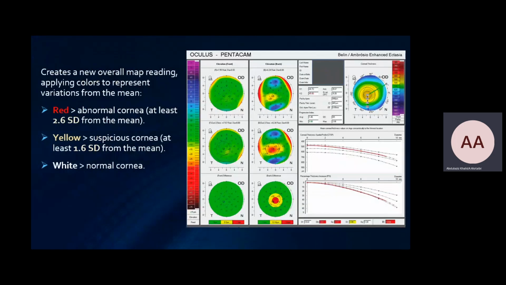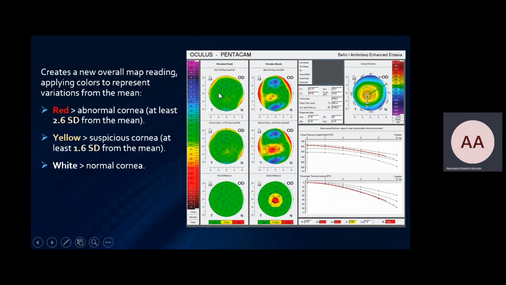Then it gathers all this information to create a new overall map reading, applying colors to represent variation from the mean. Red represents abnormal values, at least 2.6 standard deviations from the mean or more. Yellow is suspicious, 1.6 to 2.6 standard deviations from the mean, and white is normal.